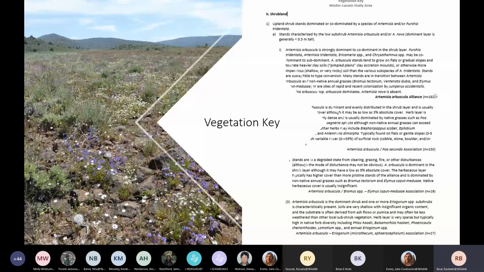This key is then adapted to be used for determining the vegetation types in the map, as well as it is used when determining vegetation types in the field. So any of you could take this key into the field and determine the alliance and association that you're in. So all of those components are the things that come out of the vegetation classification analysis.